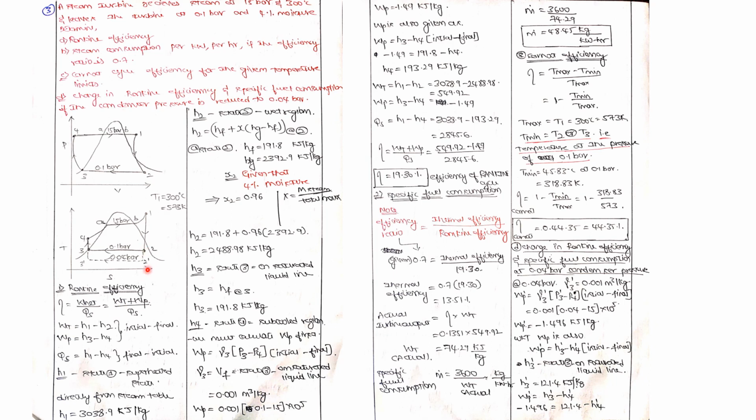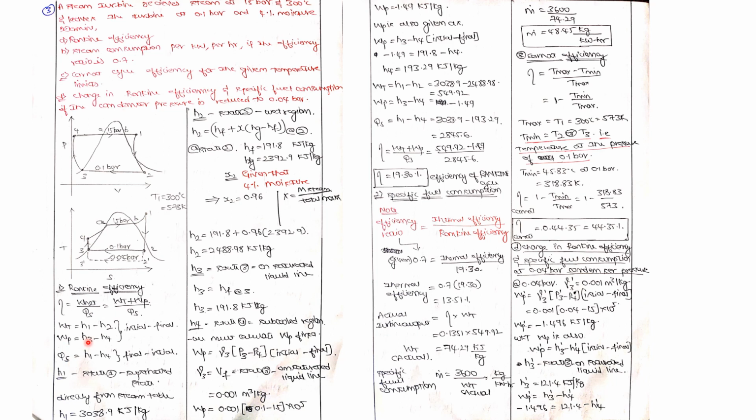Pump work, again initial minus final, so H3 minus H4. QS is the heat supplied. Where do you supply heat? From the process 4 to 1. For heat supplied it is final minus initial, so it is H1 minus H4. So in order to calculate WT, WP and QS, you need the values of H1, H2, H3 and H4.